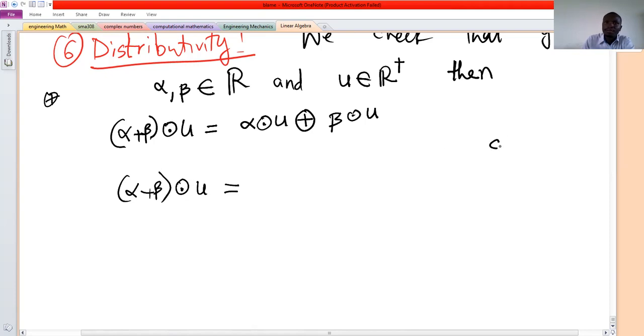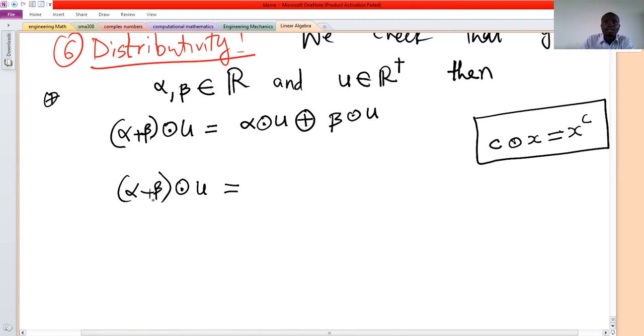Remember, if I have C, a scalar, multiplied by an element x in R plus, I get that element raised to the power of the scalar. So the same thing, alpha plus beta is still just a scalar because the sum of two scalars is a scalar. So this is u raised to the power alpha plus beta.